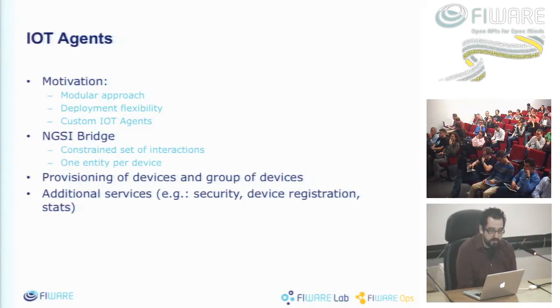First of all, the IoT agents are based on one premise, that is that each device in the southbound of the IoT agent is represented by one entity, just one entity in the context broker, so that the conversion between the entity IDs of a particular service and device IDs in that service is a bidirectional one-to-one translation.